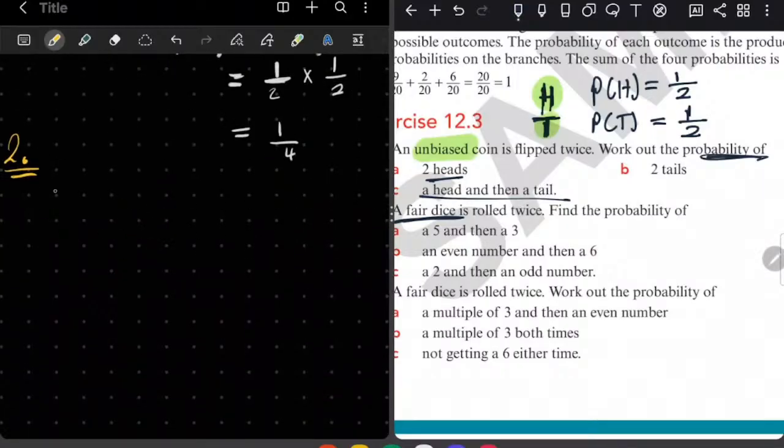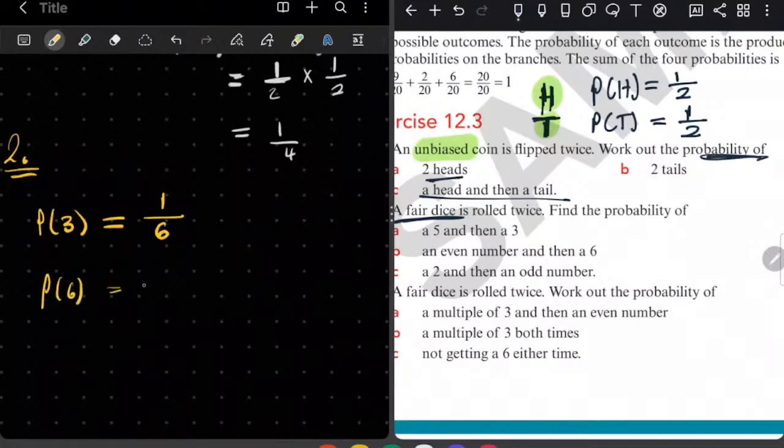you're spinning a dice. Find the probability that you will get a 3. Probability of getting a 3 on a dice. How many faces have a 3 on them? 1. Over how many faces total? 6. So the probability of getting a 3 is 1 over 6. What is the probability of getting a face with a 6 on it?